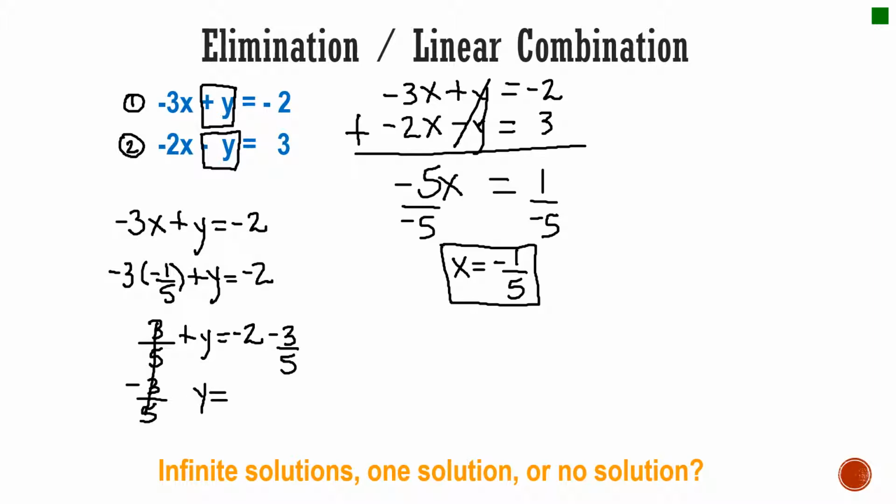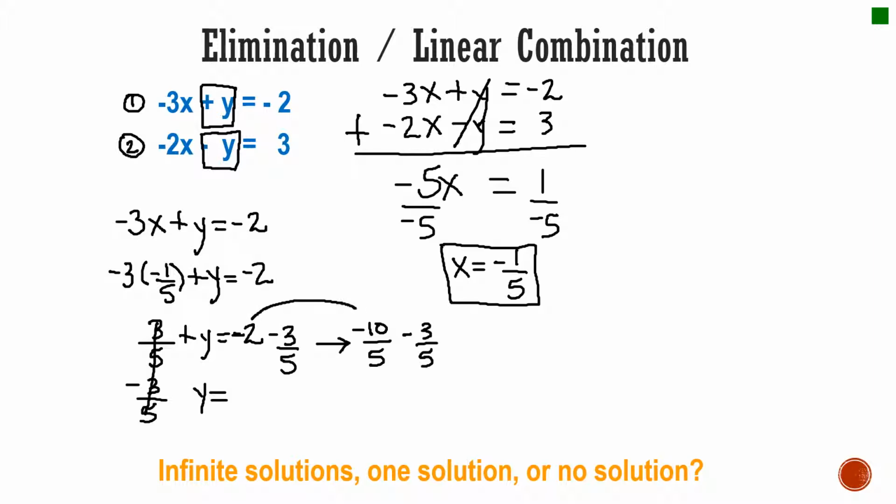And what I notice is I have a negative 2 minus 3/5. Well, I want to change that negative 2 so that it's fifths. So I'm going to put a 5 in the denominator and a negative 10 in the numerator so that it still equals negative 2. And then write the rest of my problem here.